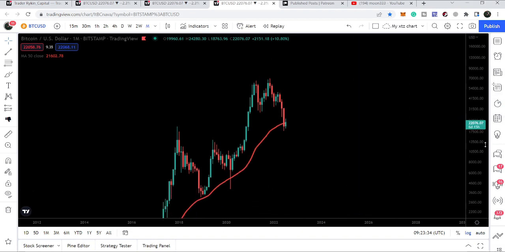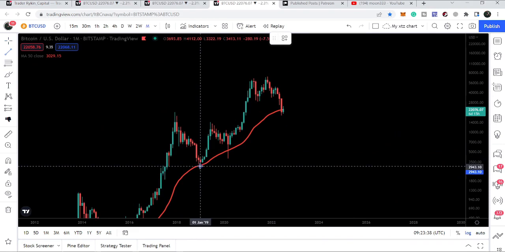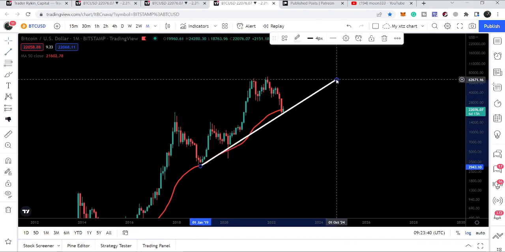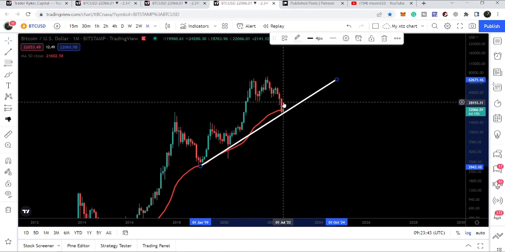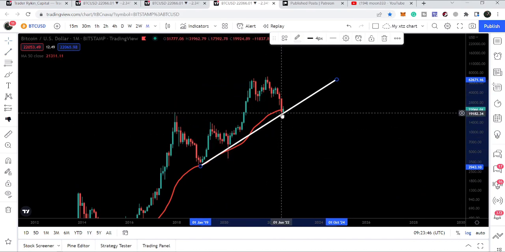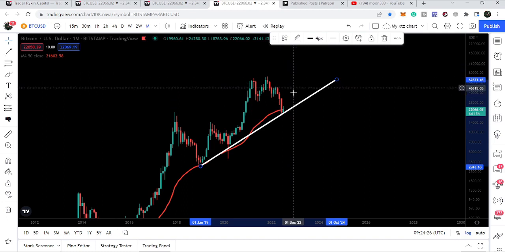And at the same time, Bitcoin is also forming another uptrend line support. You can see that we had a bounce here, another bounce, and we are likely to have another bounce from this support, and also the support of this 50 monthly simple moving average as well. Therefore, I'm expecting a powerful reversal move from here.